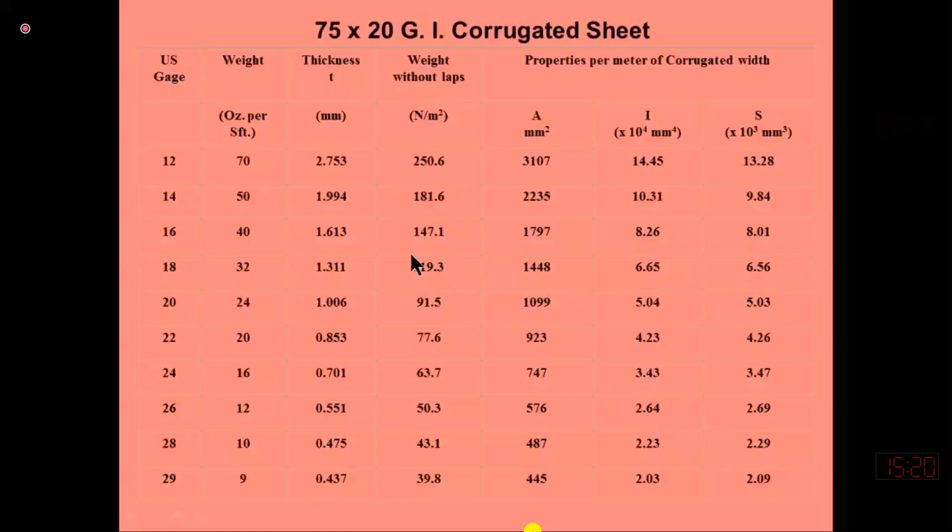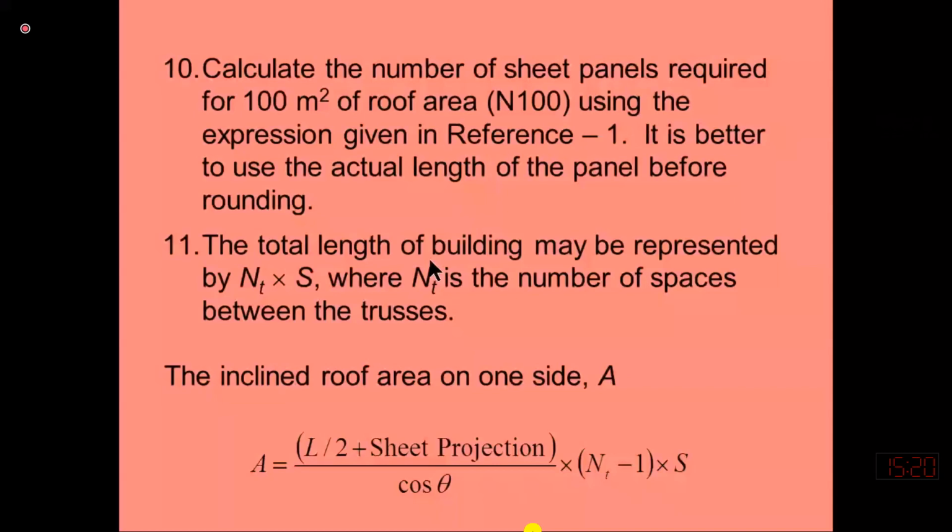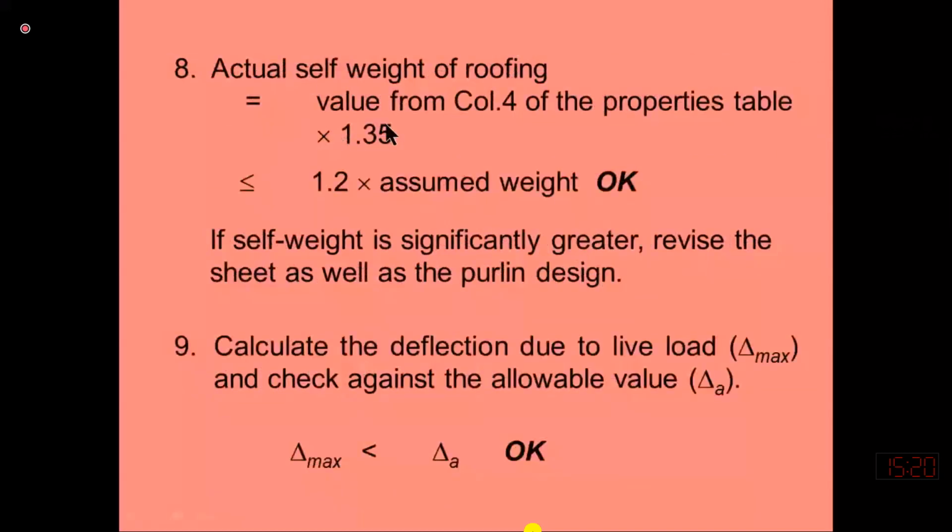For this purpose, we are multiplying the weight which is given in the table for the properties of roof sheeting by 1.35. Why are we increasing it by 1.35? Because in the table the weight of the sheet is given corresponding to a flat sheet, but the actual sheet is having corrugation, so due to the corrugation the weight may be more.